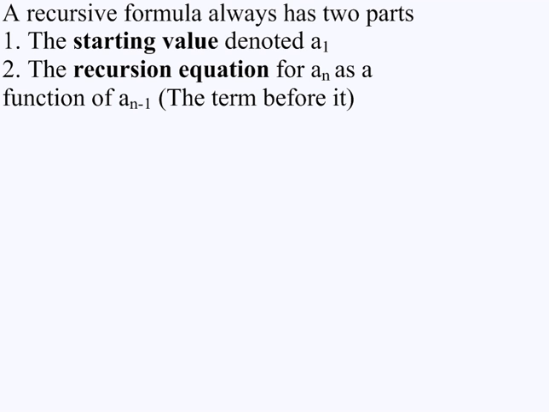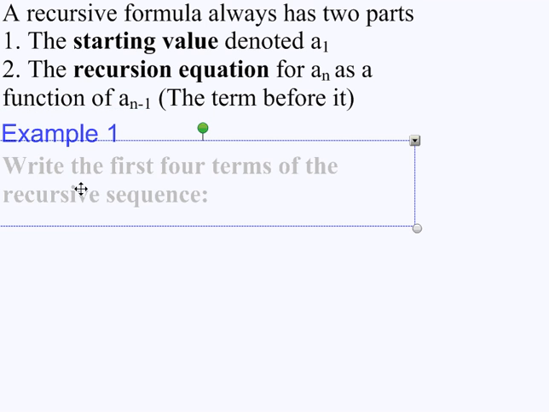But before we do that, let's actually talk about the recursive formula. The recursive formula has two parts. It has a starting value, that's denoted A1, that's your first term. And then it has a recursion equation for A_n as a function of A_(n-1). And A_(n-1) is just the term before it.